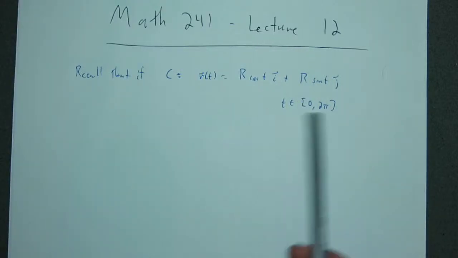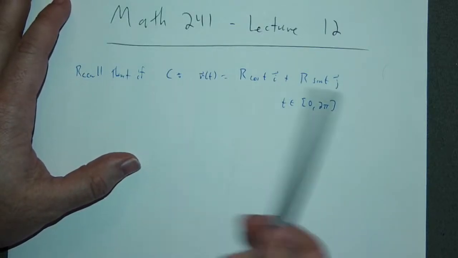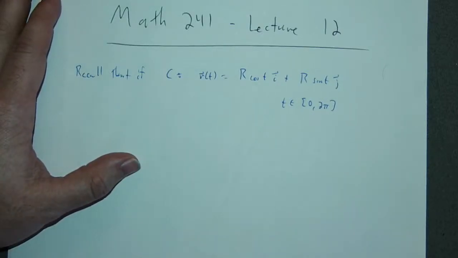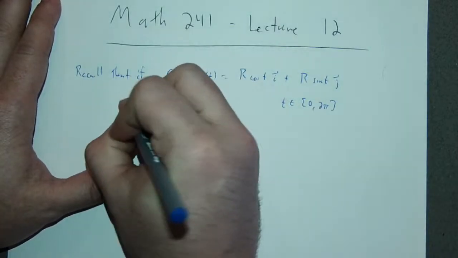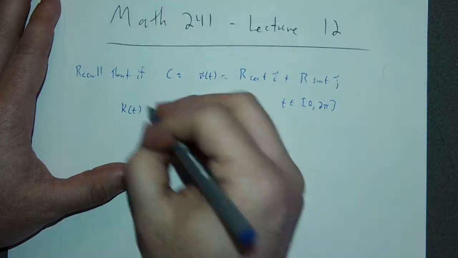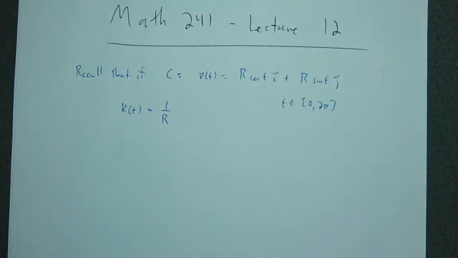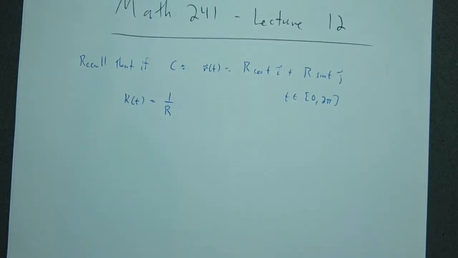You're not done until you've included where your parameters live. So if this is what you have for your curve C, we actually already computed the curvature of this and found it to be 1 over R. It was constant. So this is an example of a curve with constant curvature.